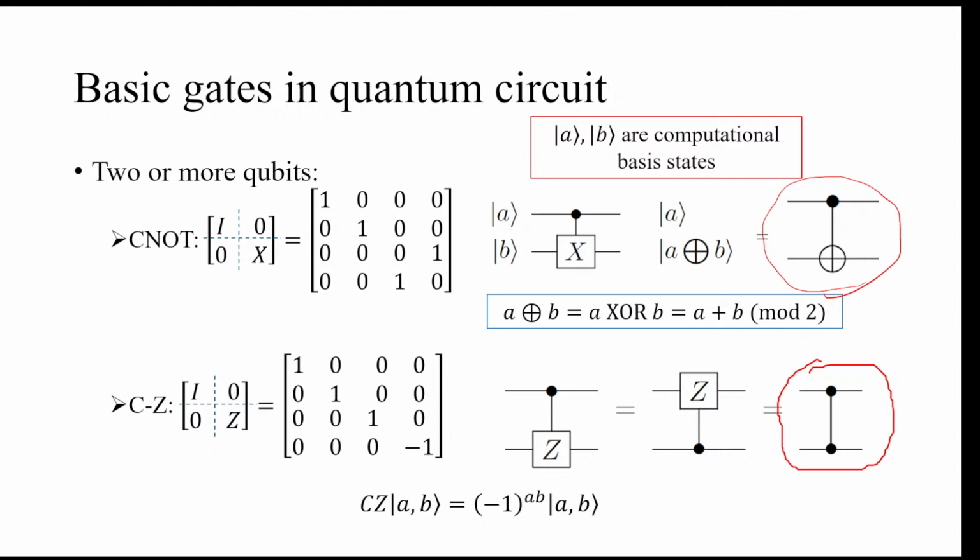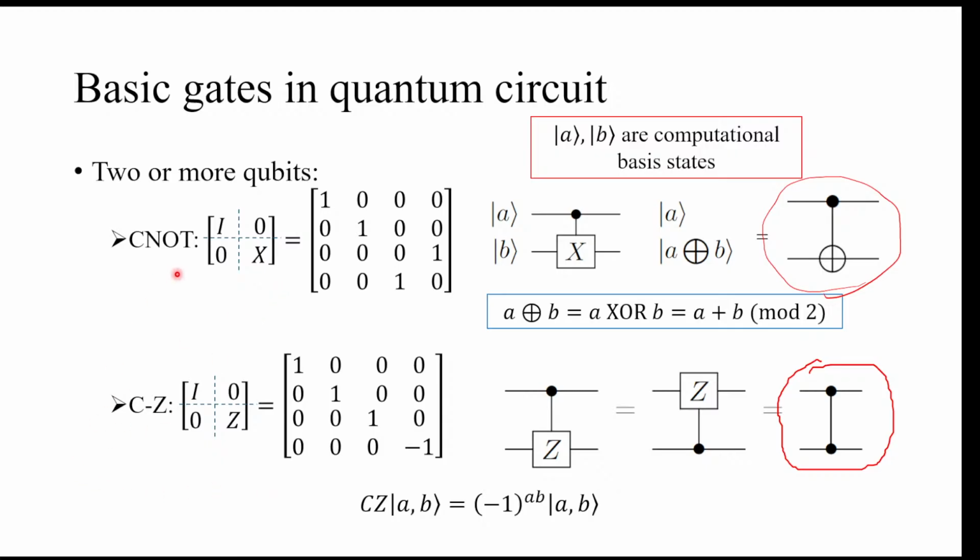So you will XOR 1 on this qubit when you apply the X gate. And anyway, if you think about what the CNOT gate will do to a computational basis state AB, the state will become A and A ⊕ B. And this ⊕ means XOR, so means addition mod 2.